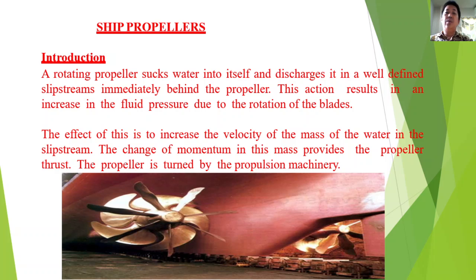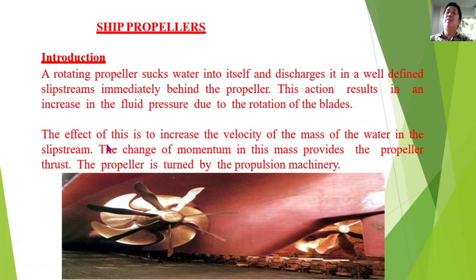Now we have the ship propellers. Introduction. A rotating propeller sucks water into itself and discharges it in well-defined streams immediately behind the propeller. This action results in an increase in the fluid pressure due to the rotation of the blades.